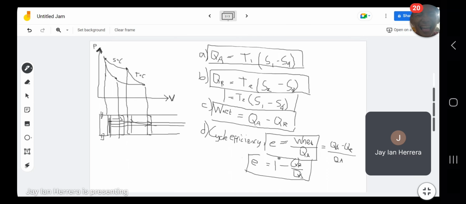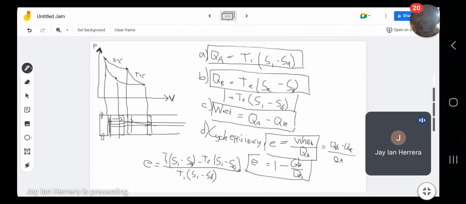And also, pwede rin natin sabihin cycle efficiency is equivalent to, since work net natin is QA minus QR, that is T1 multiplied by S1 minus S4 minus QR natin, that is T2 times S1 minus S4, all over QA natin, that is T1 multiplied by S1 minus S4.